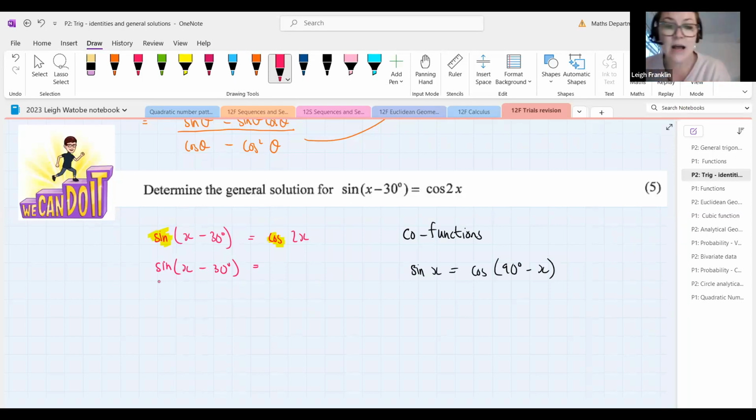And on the other side, we are going to rewrite this as sine of 90 minus 2x. Is everybody happy with that? Or do I need to explain that a little bit? You sure?